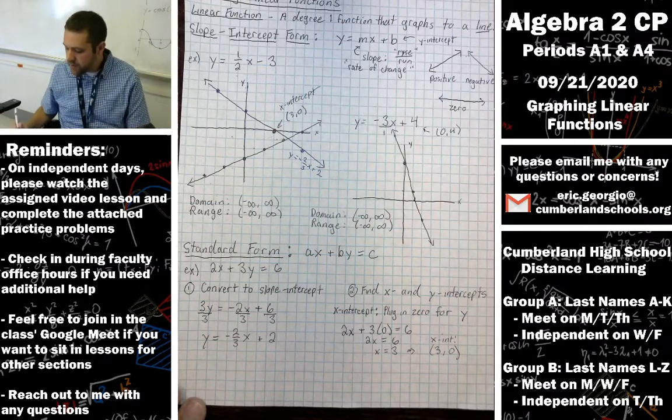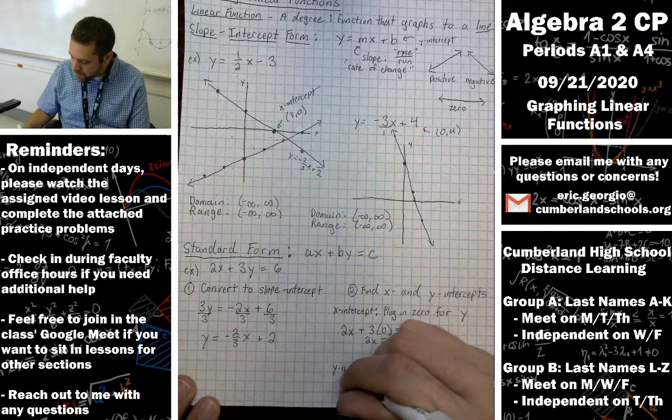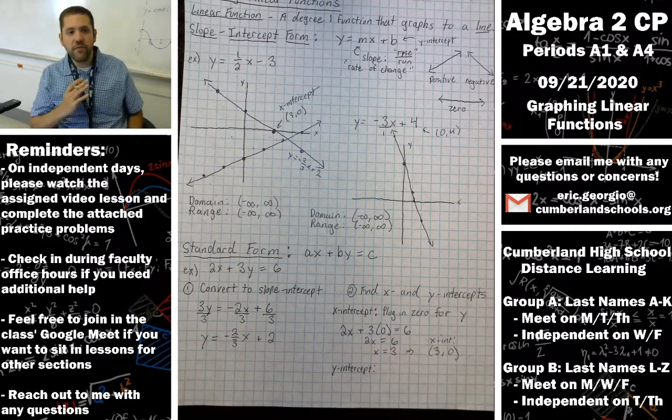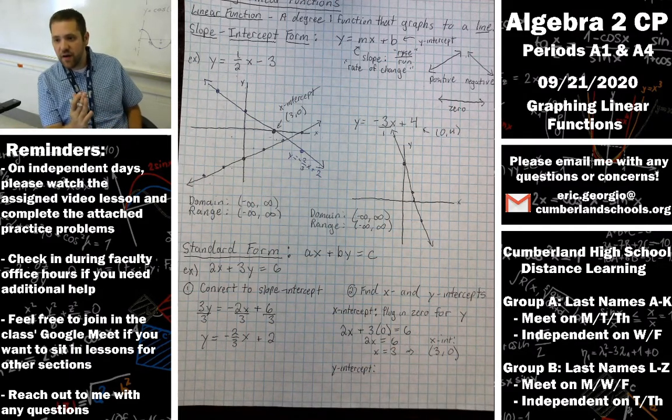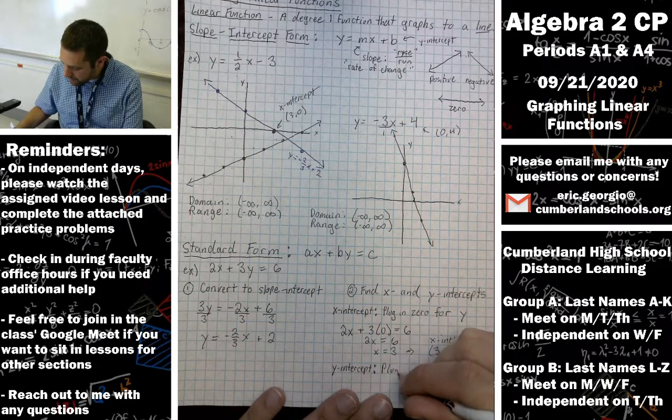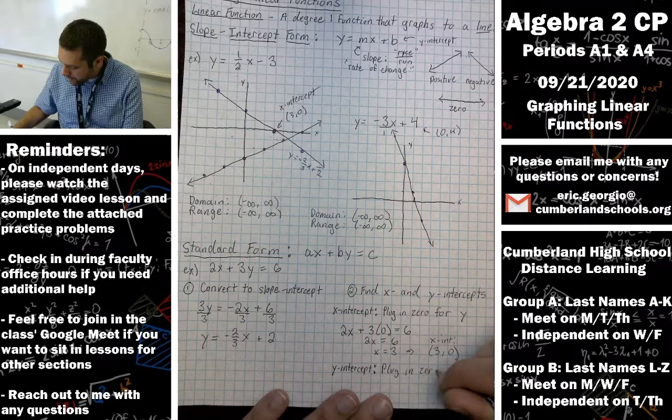To find the y-intercept works in the same way. If we're sitting on the y-axis, then our x-coordinate would be 0, because we would not have moved anywhere horizontally. So for this one, we plug in 0 for x.